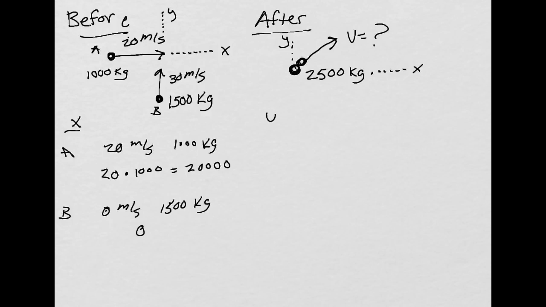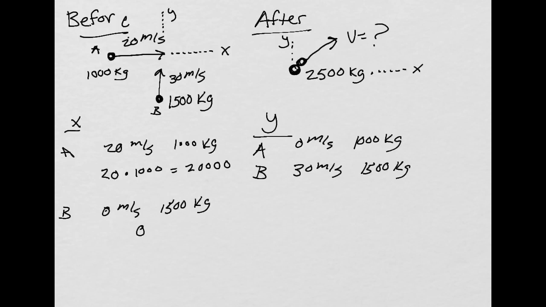In the y direction, car A is going 0 meters per second. It's only moving east and west. And car B is moving 30 meters per second, and it has a mass of 1,500 kilograms. So its total momentum in the y direction is 30 times 1,500, which is 45,000.